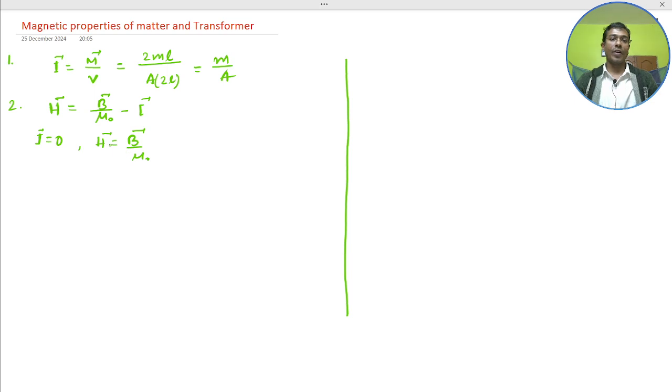You are aware of this relation, but this is the main fundamental. When I is 0, this will come. Magnetic susceptibility is defined as I equal to chi H. Chi is the susceptibility of the material.